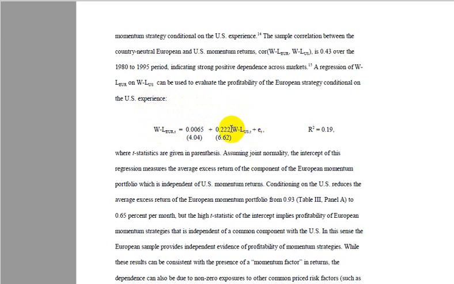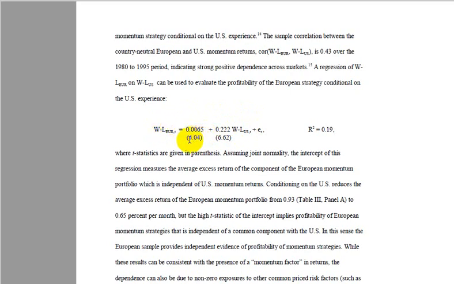market as a factor. So if we found that there's a high t statistic for this coefficient, then we might say that the U.S. market's momentum strategy influences the return of the momentum strategy in the European market. And if this alpha term has a low t statistic, then we could say that the U.S. market's momentum strategy fully explains the European momentum strategy.